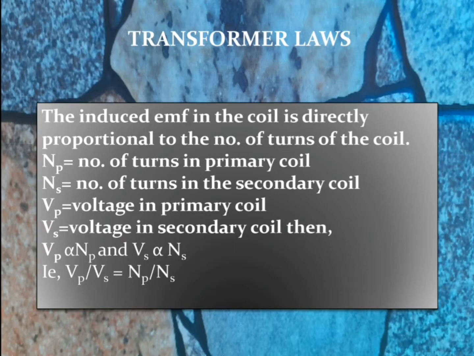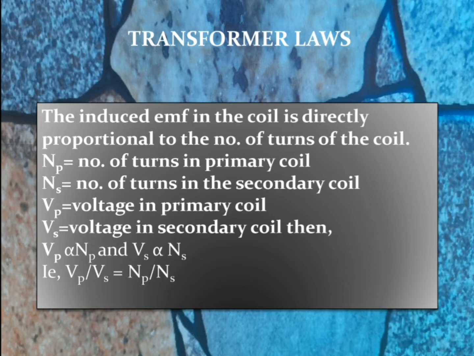The first law of transformer says that the induced EMF in the coil is directly proportional to the number of turns of the coil. That means if Np and Ns are the number of turns in the primary and secondary coil respectively, and Vp and Vs are the voltage in the primary and secondary coil respectively, then the voltage across the primary coil will be directly proportional to the number of turns in the primary coil, that is Vp proportional to Np.